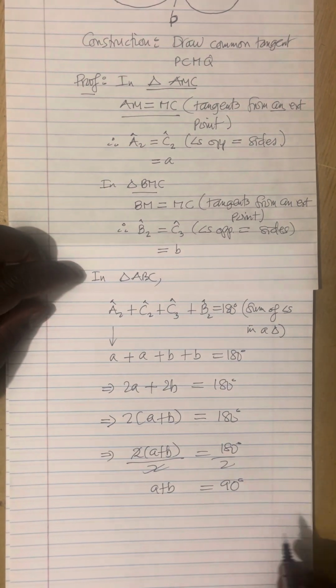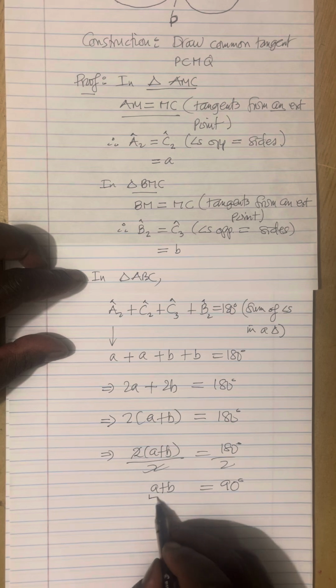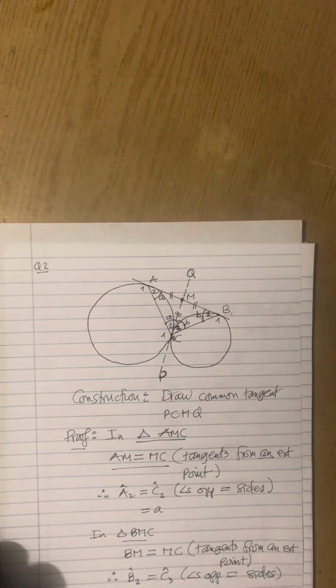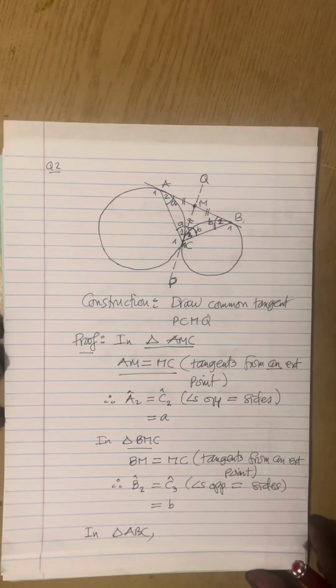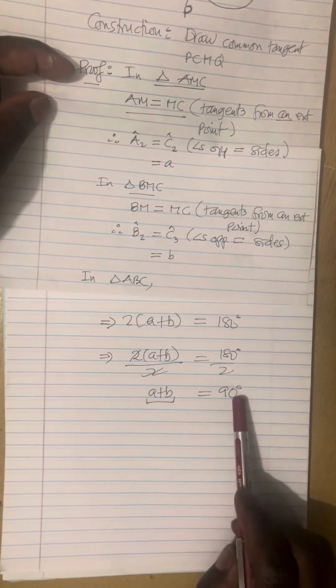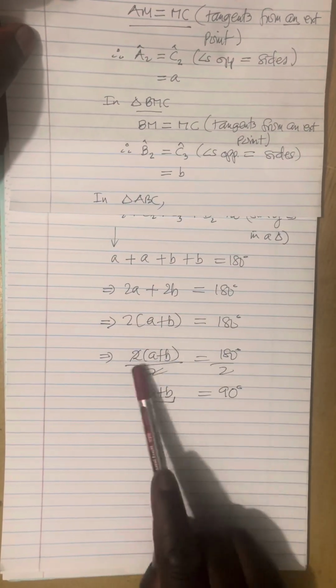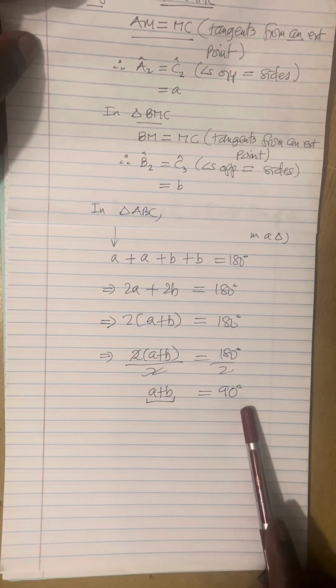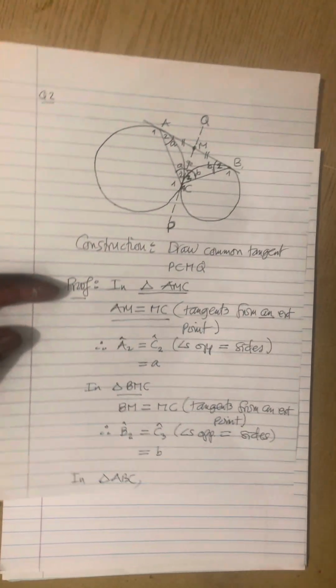Let's go back in the diagram and see which angle a plus b is equal to, because we've done the simple algebra manipulation of the equation. We found that a plus b equals 90. So which angle is a plus b?